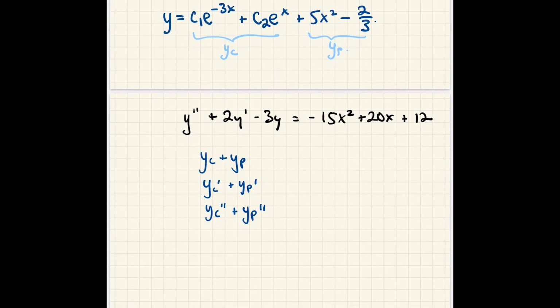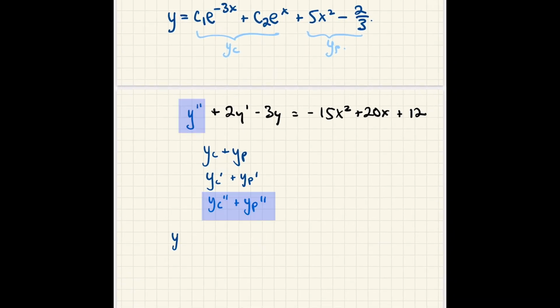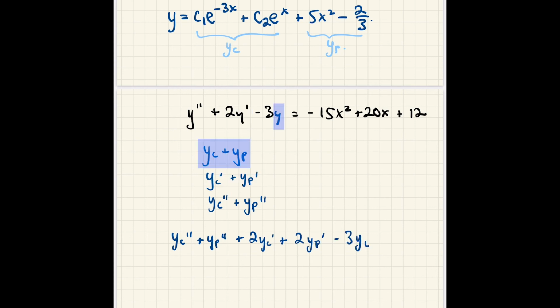So if we plug in these pieces, we're going to get yc double prime plus yp double prime plus 2 yc prime plus 2 yp prime minus 3 yc minus 3 yp.